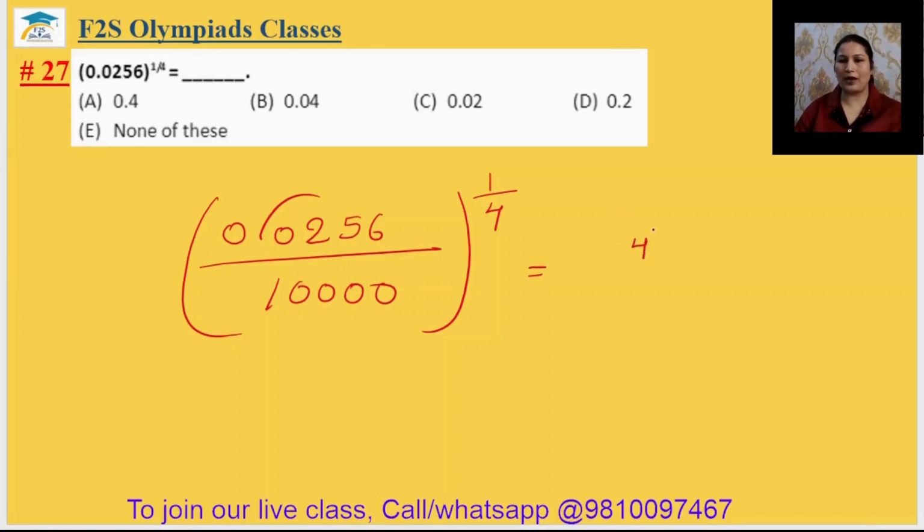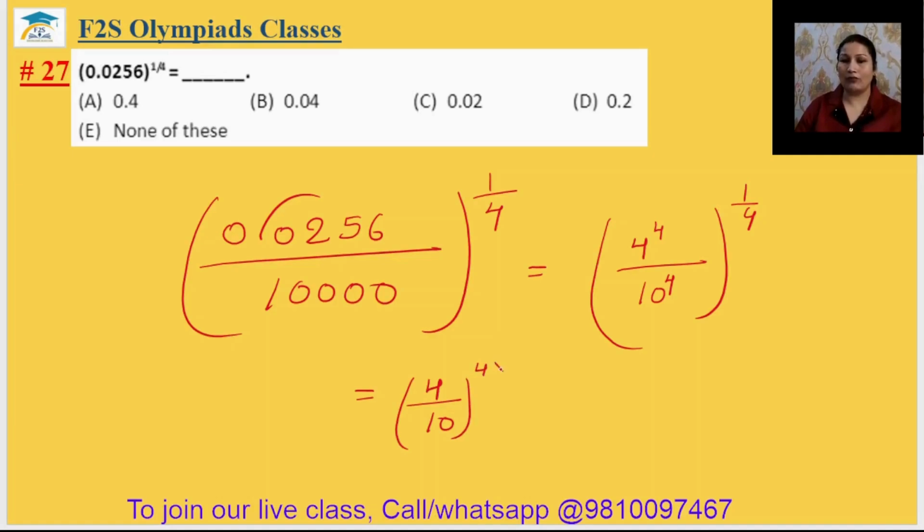So (4^4 upon 10^4) whole power 1 by 4. This is equal to 4 by 10 to the power 4 multiplied by 1 by 4. The 4s cancel out. So 4 by 10 can be written as 0.4. It is in option A. The 27th answer is option A.